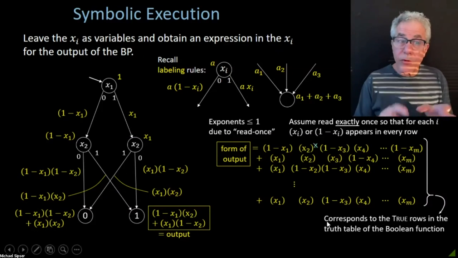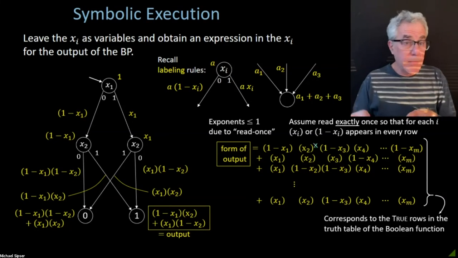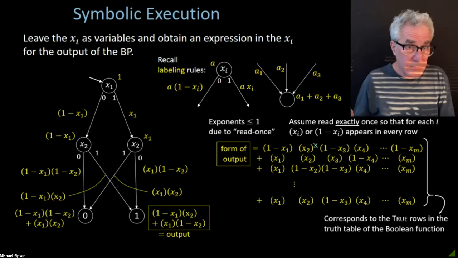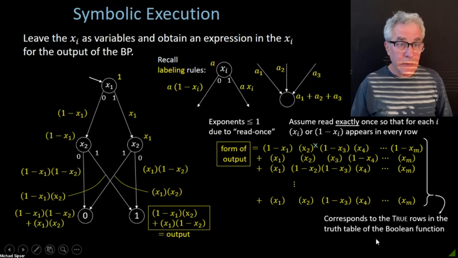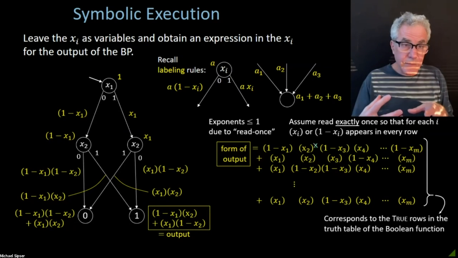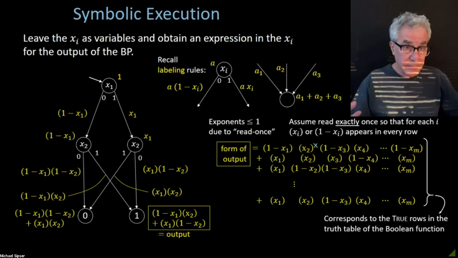So they will behave the same way on all non-Boolean values because they're the same polynomial. I'm sort of getting ahead of myself, but that's what we're going to argue. Understanding how this thing behaves in the Boolean case is going to give us information about how it behaves in the non-Boolean case.